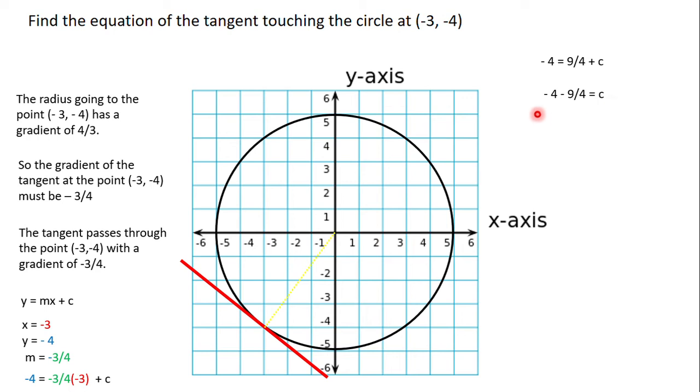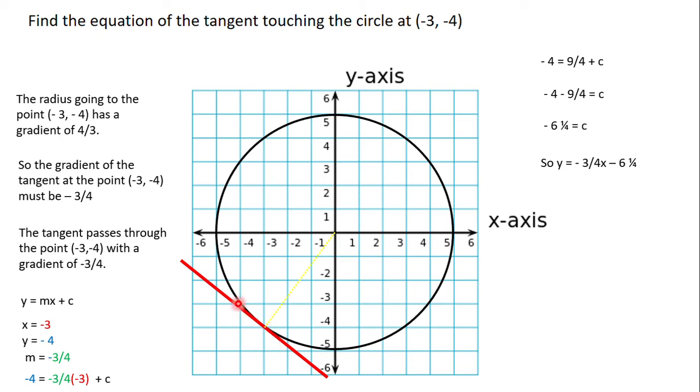And if you don't understand that, I think you need to revisit adding and subtracting fractions and mixed numbers and that kind of thing. So what I'm left with is c equals -6¼ and I now have m, the gradient, which is -3/4. I've now got c, which is -6¼, so I now have the equation of this line over here.